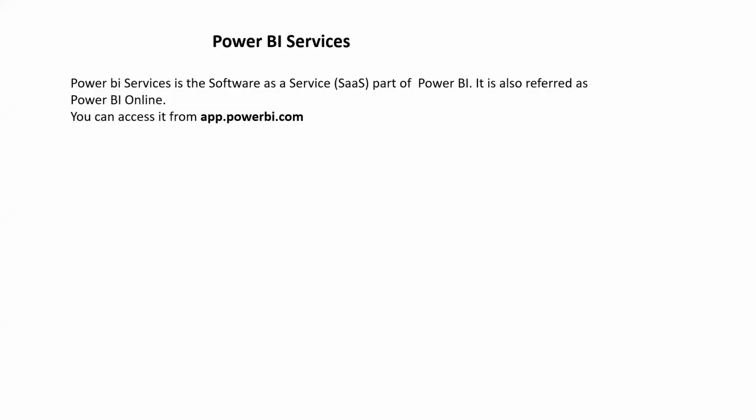We need a working email ID. Then only we can connect to these services. This part I'm going to help you with in the regular sessions. Once it gets started, I will add you to the user list so that your accounts get created and we can see the Power BI Service activities and functionalities too.